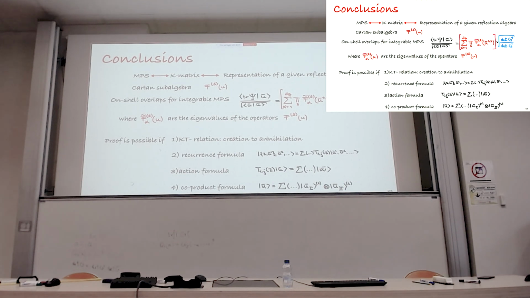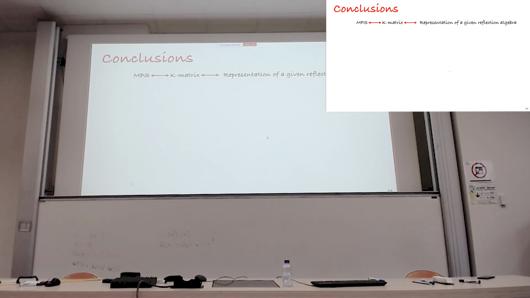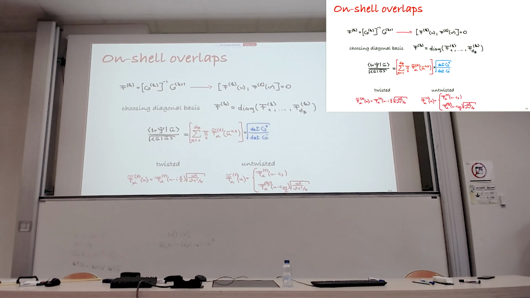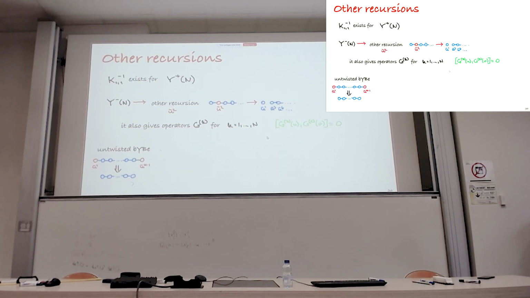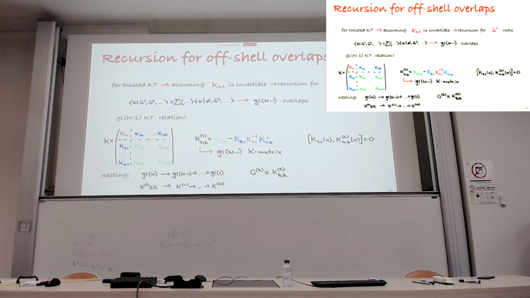Okay, so may I also have a small question? I missed in your talk why the coproduct formula is important. I understand the first three, but could you remind me?